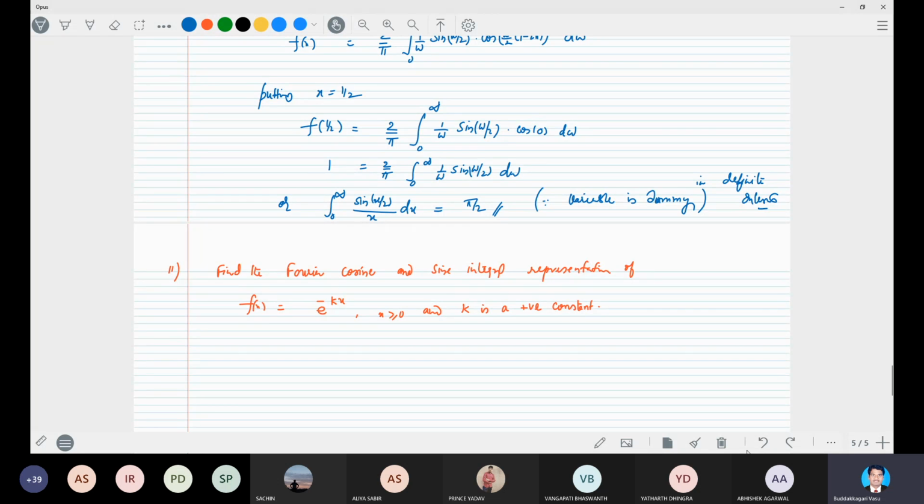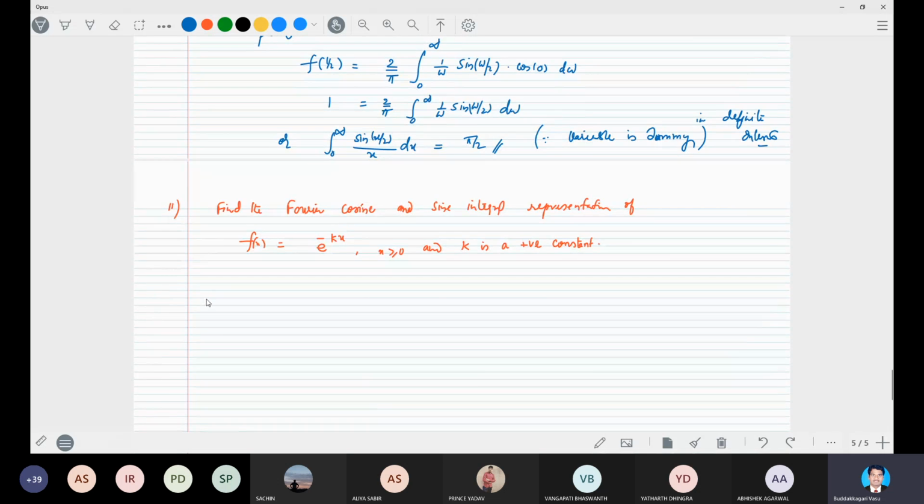Okay? Because it is sine and cosine integral, x is always positive, taken in the half interval.